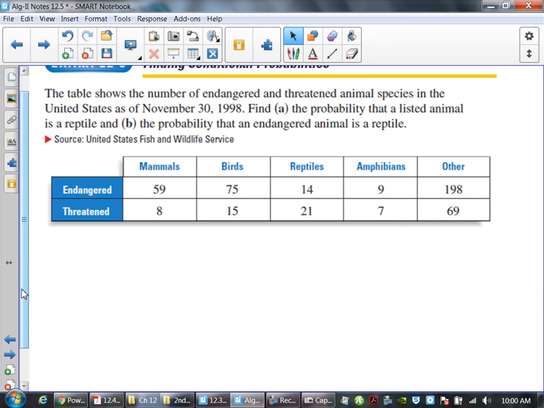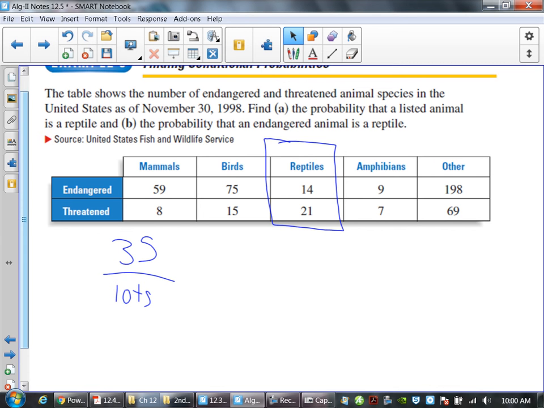Why aren't fish on? They're probably under the other category. How many reptiles are on this list? 35. Out of how many animals on this list? A lot.